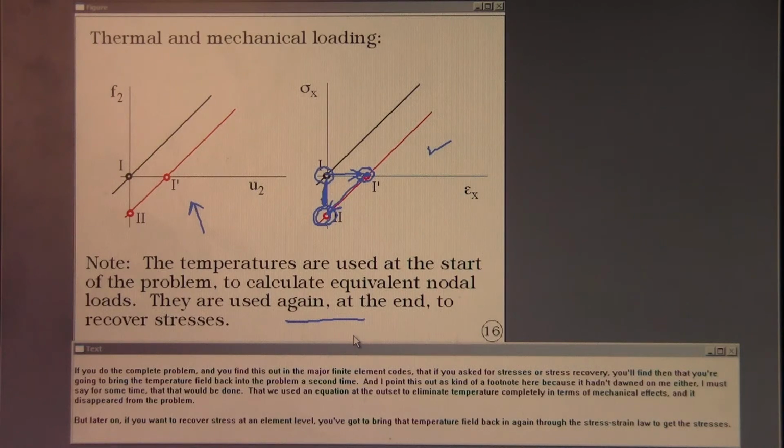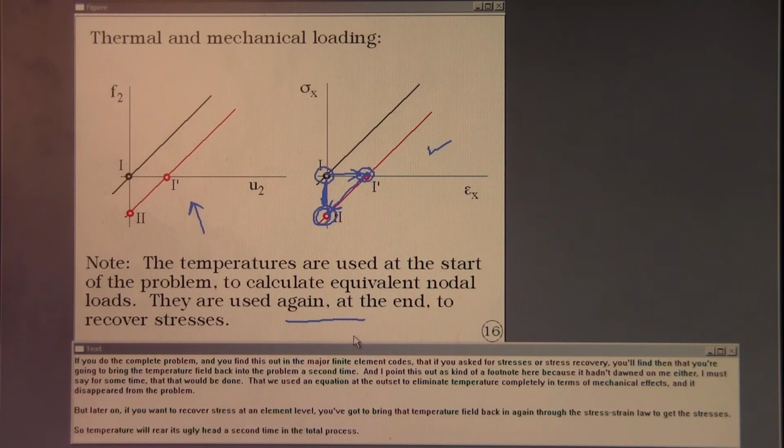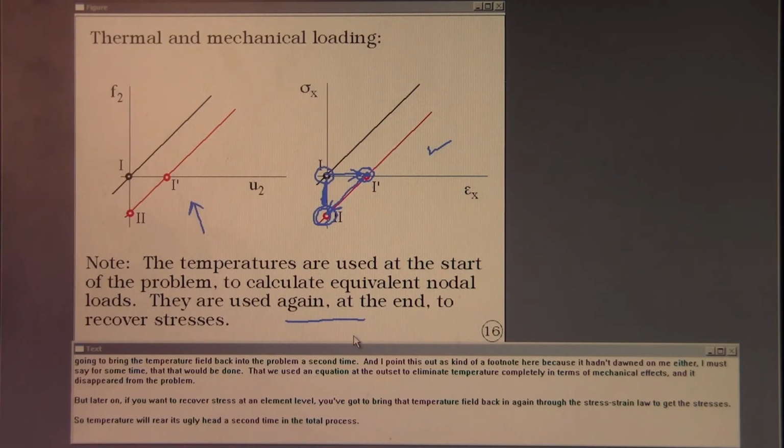That we used an equation at the outset to eliminate temperature completely in terms of mechanical effects, and it disappeared from the problem. But later on, if you want to recover stress at an element level, you've got to bring that temperature field back in again through the stress-strain law to get the stresses. So temperature will rear its ugly head a second time in the total process.